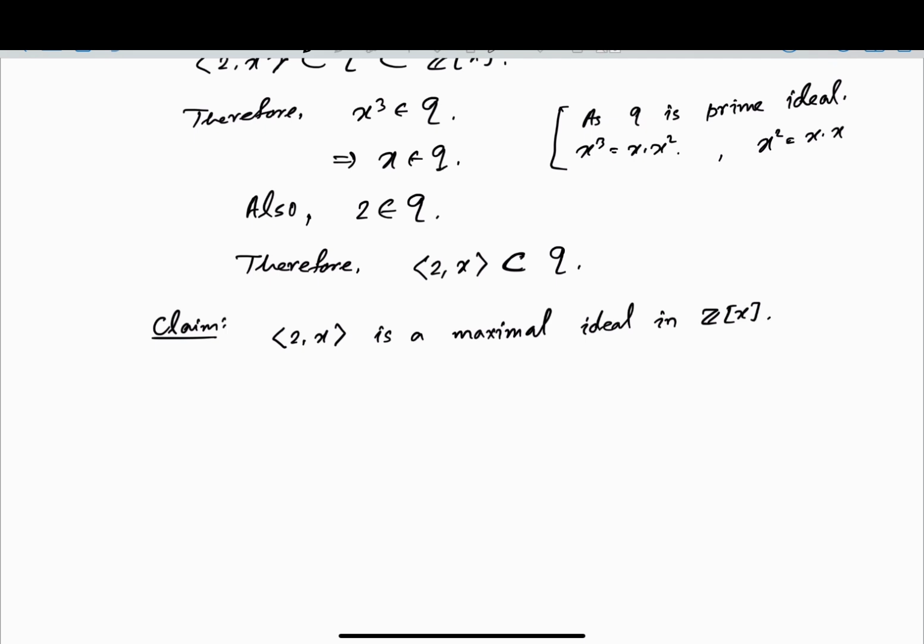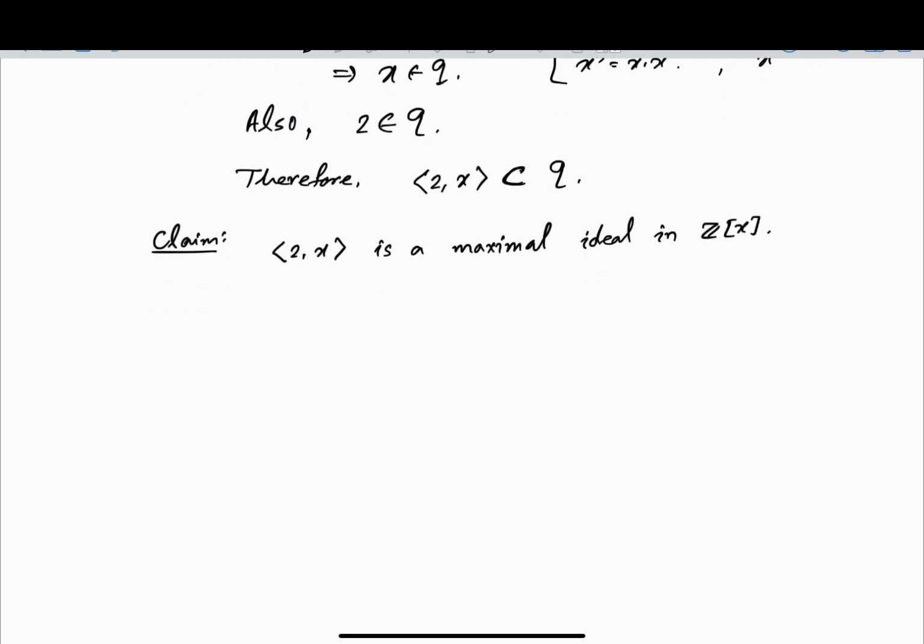So let's prove this first. Why is this a maximal ideal in Z[x]? So suppose not. Suppose this is not true. So then what is the meaning of this?